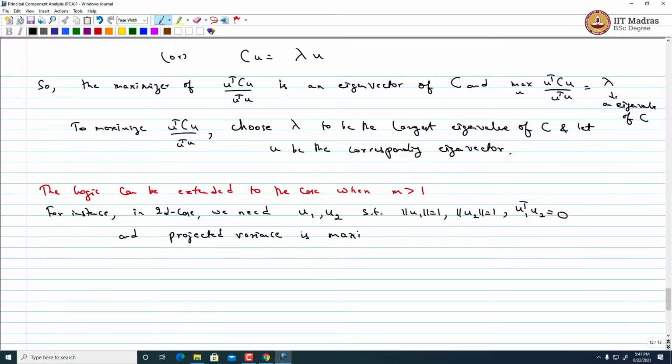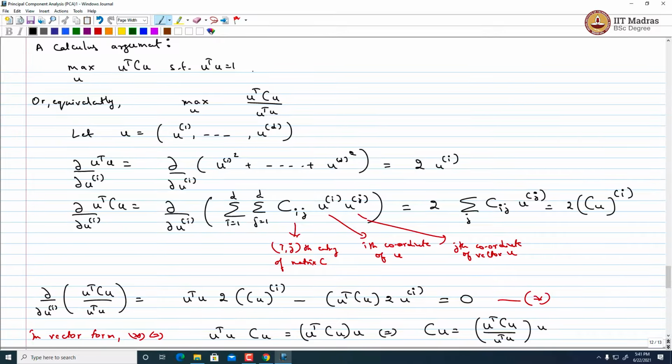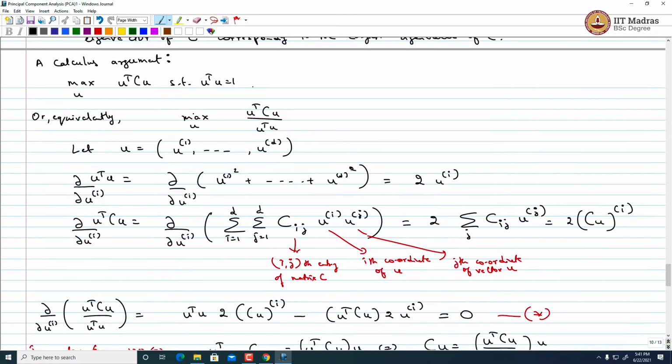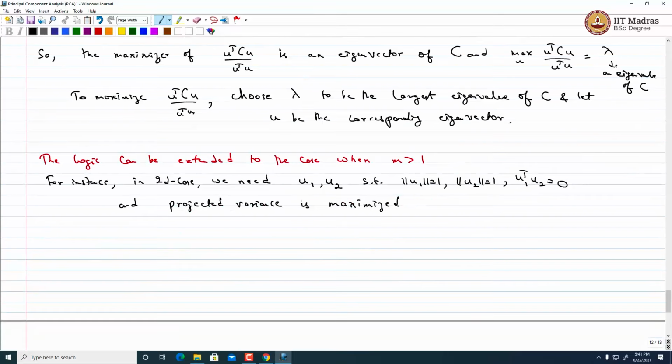What is projected variance? Projected variance is just, instead of u transpose Cu, you would have two terms. You're not projecting onto a line, but onto more than a line, a two-dimensional space.